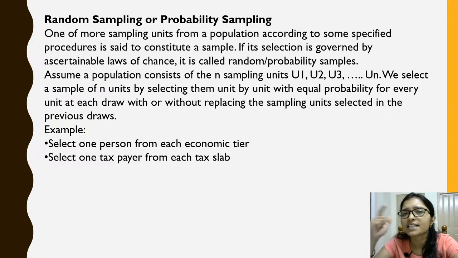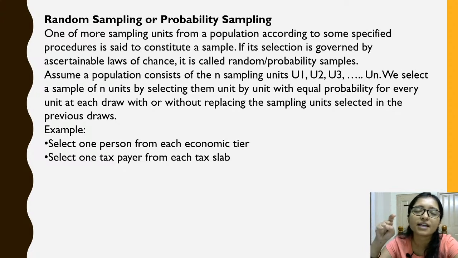You are not assuming anything. If your research required taking boys who are coming from villages, that type of assumption is not there. You are randomly selecting the sample from the total school.